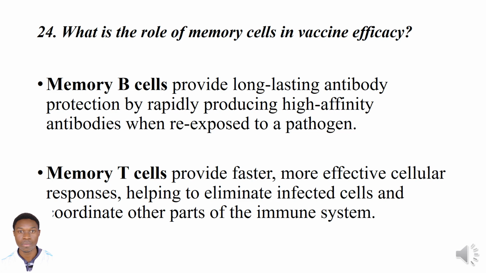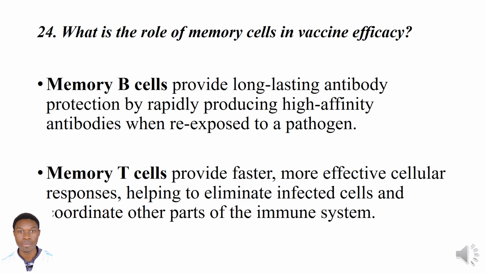And memory B cells provide long-lasting antibody protection by rapidly producing high-affinity antibodies when re-exposed to a pathogen. And memory T cells provide faster, more effective cellular responses, helping to eliminate infected cells and coordinate other parts of the immune system.